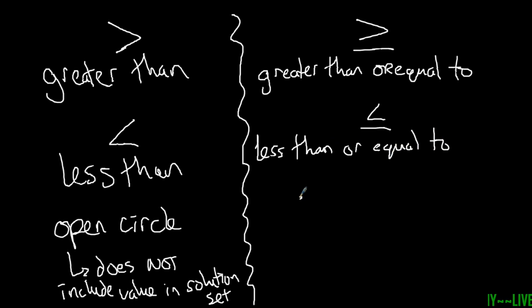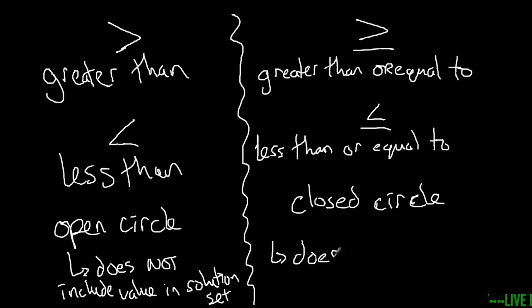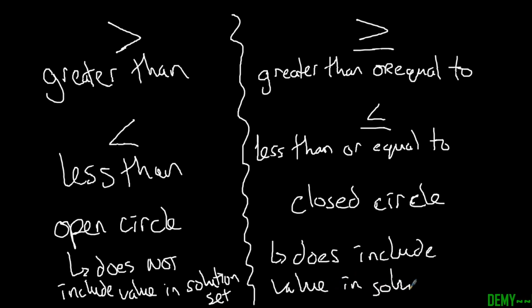And that means it's going to be a closed circle, or filled in circle, you can call it. And that just means it does include the value in the solution set. And we'll show what that looks like, but I wanted to give you those general definitions and show how these words work when I explain these out.